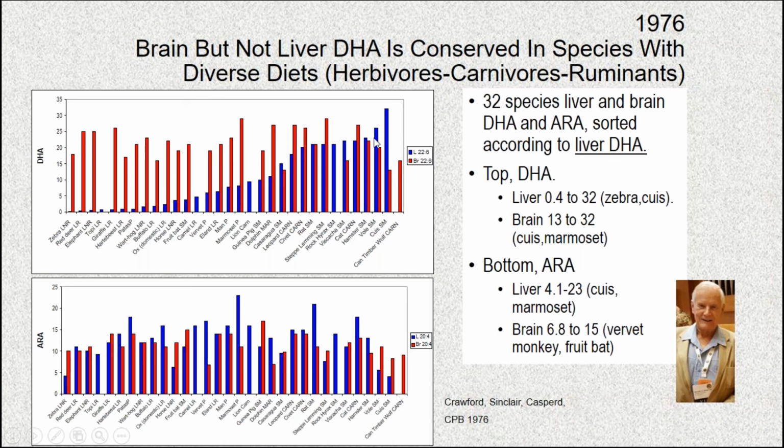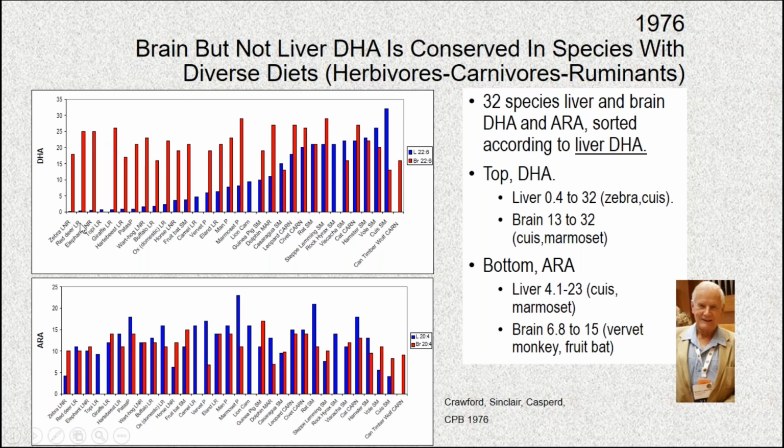But you'll notice that no matter what that liver level of DHA is, the brain level of DHA is relatively constant. It varies only from 13 to 32. And so this was a first clue that DHA is conserved and may well be a limiting factor in the size of the brain that is attained by these various animals.